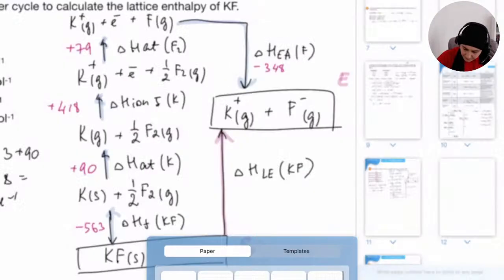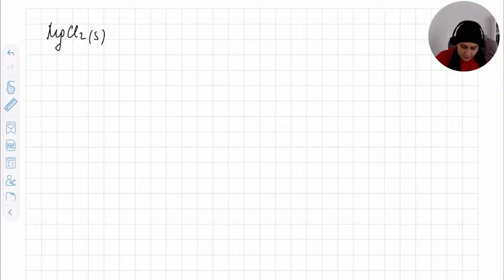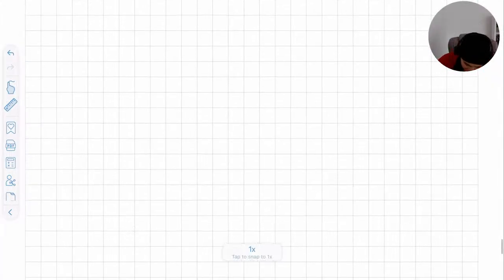So let's draw out a Born-Haber cycle for magnesium chloride. I will start again by writing MgCl2 at the bottom.